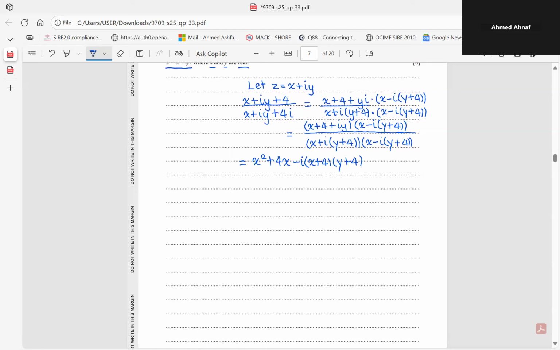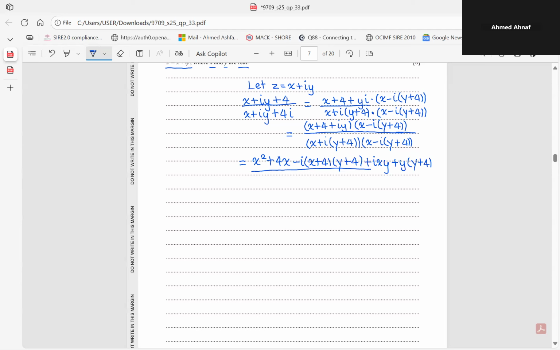Now we multiply iy with x, so this is ixy, and then iy times negative i times y plus 4. So we'll get minus i squared, and i squared is just equal to negative 1. So negative times negative, you'll get positive, so this is just positive y times y plus 4.